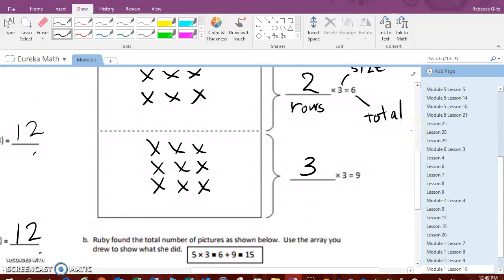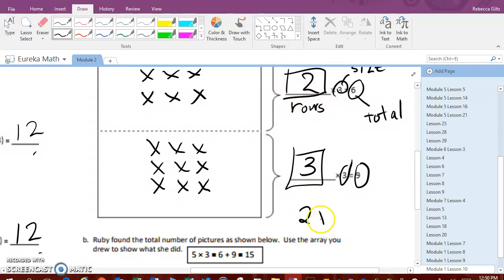Do you see any of those numbers up here? I see a 6, a 9. I see some 3s. I don't see a 5, except I know that if I add 2 plus 3, that's 5, right? So could it be that they added these rows together to get the 5?